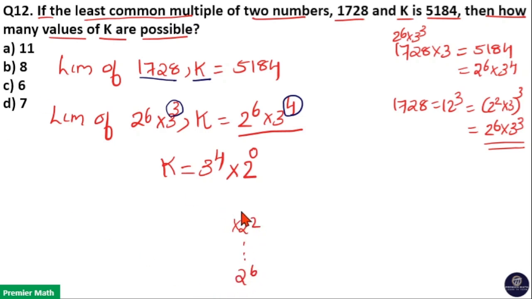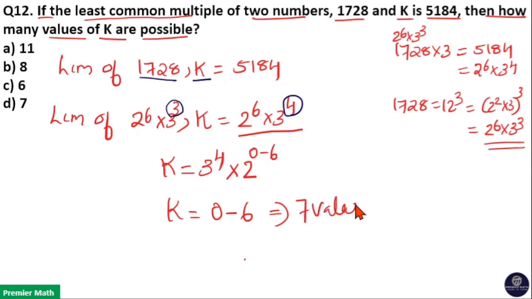So, 0 to 6 values of the power of 2 are possible for k. That is, total 6 plus 1, total 7 values of k are possible here. So, option D is your answer.